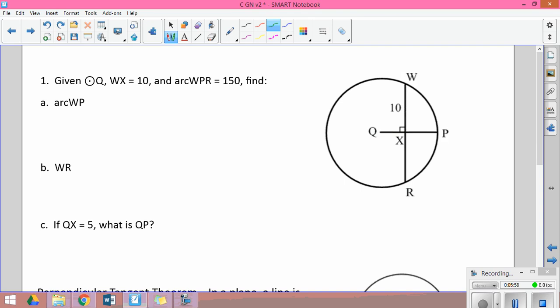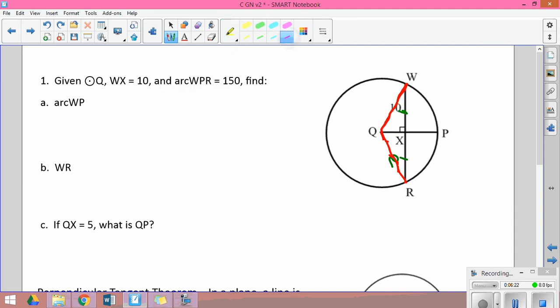QP is my perpendicular bisector. So that is 10. That makes this 10. I can always draw in a radius if I want, and if that helps me work my picture. And often we're going to do that because it makes right triangles.